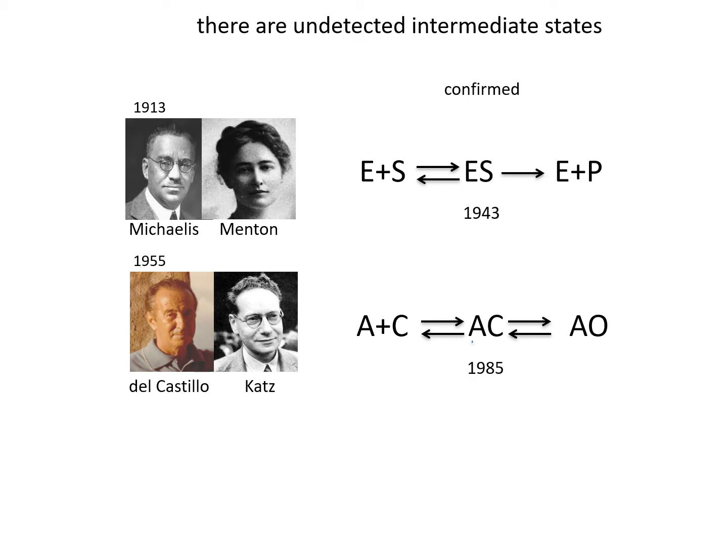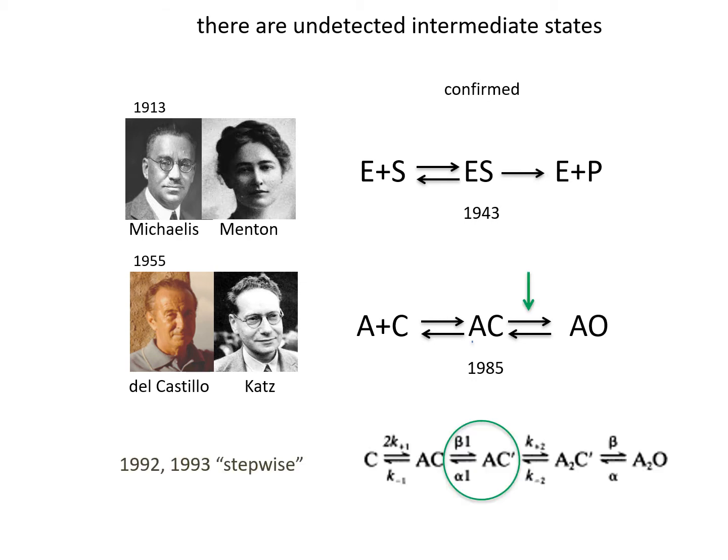So there are undetected intermediate states inside of chemical reactions that later on become detected. Likewise, in 1992, I detected a short-lived shut state that I put as an intermediate state between AC and AO. That's a figure from the paper. And it was a difficult detection, and it was not very convincing.